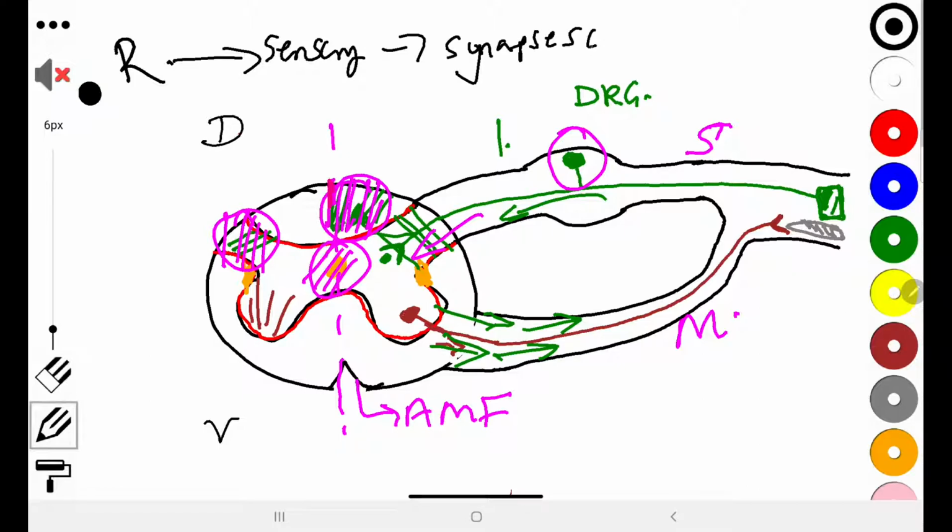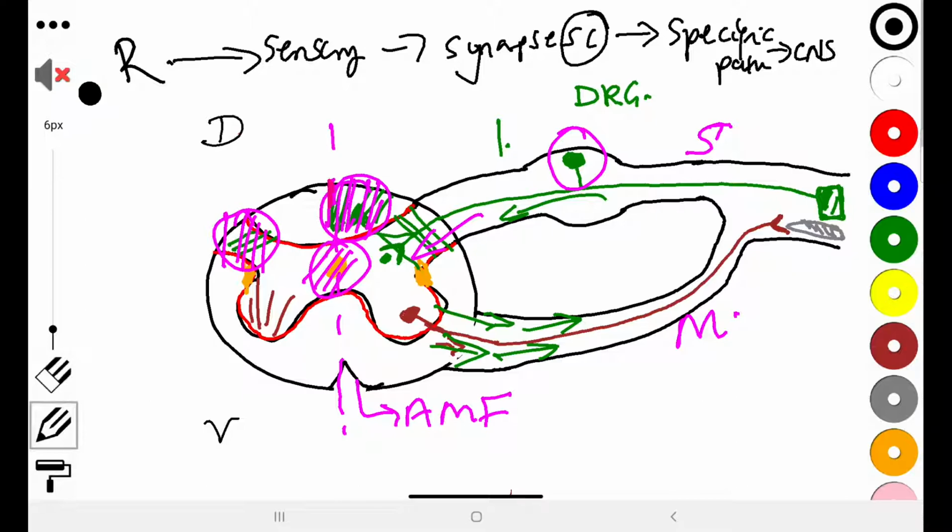And once they synapse, what is the specific pathway that they follow in order to reach the central nervous system? This is what we're basically trying to understand.